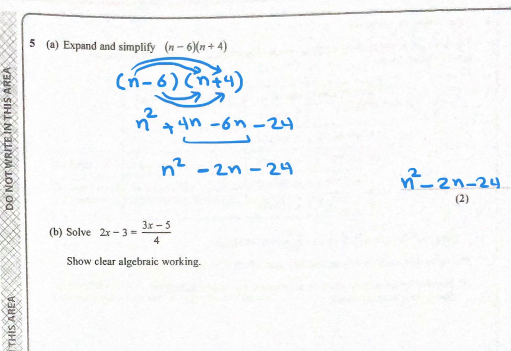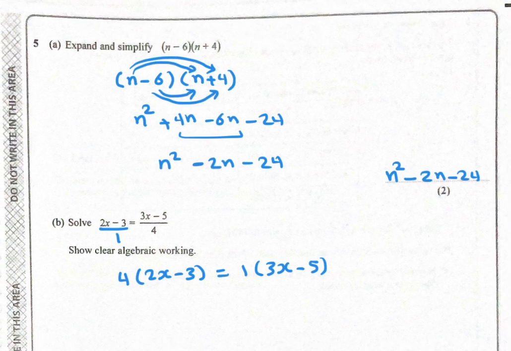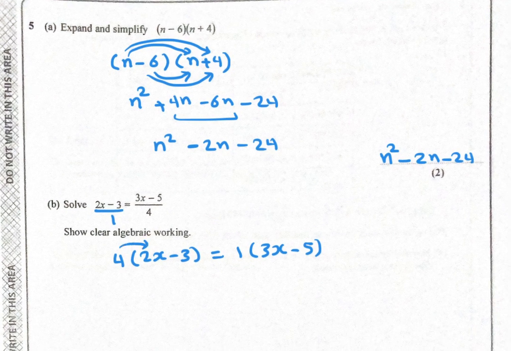B. Solve (2x minus 3) equals (3x minus 5) over 4. Cross multiply. So 4 times (2x minus 3) equals 1 times (3x minus 5). Expand. 4 times 2x, 8x. 4 times negative 3, negative 12, equals 3x minus 5.